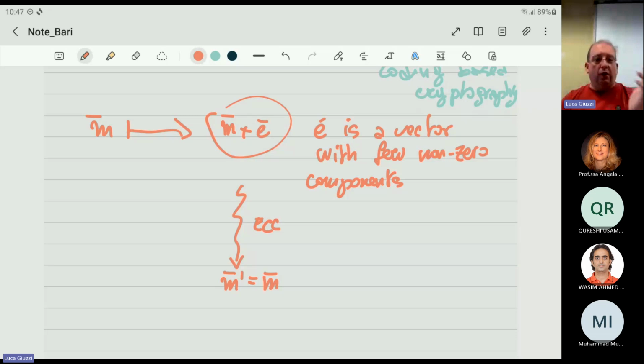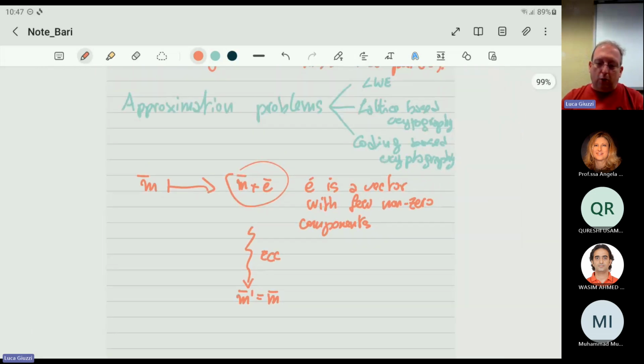Some are more efficient than others, but in any case, there is nothing secret about them. And also, basically, all systems, even embedded systems, things like an Arduino, very low power devices, implement this sort of correction. So to move from M plus E to M, supposing all the hypotheses are satisfied, is easy.